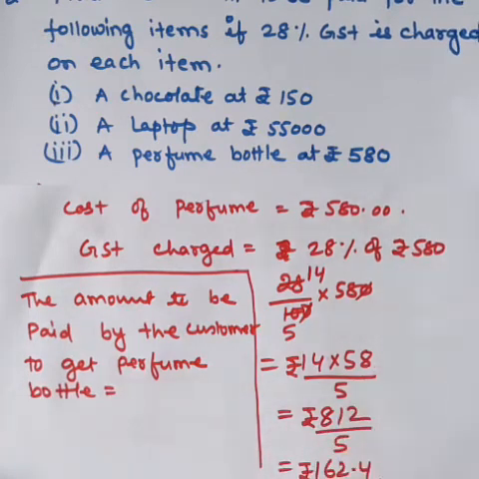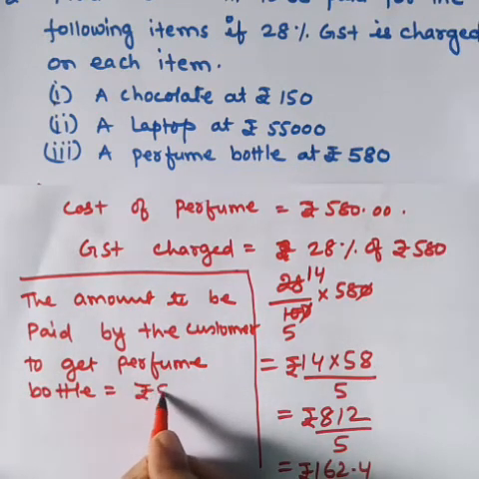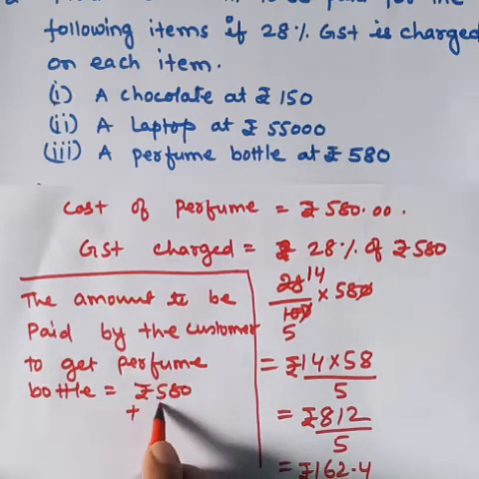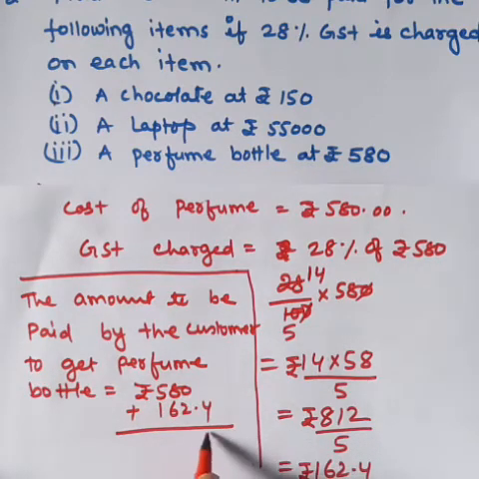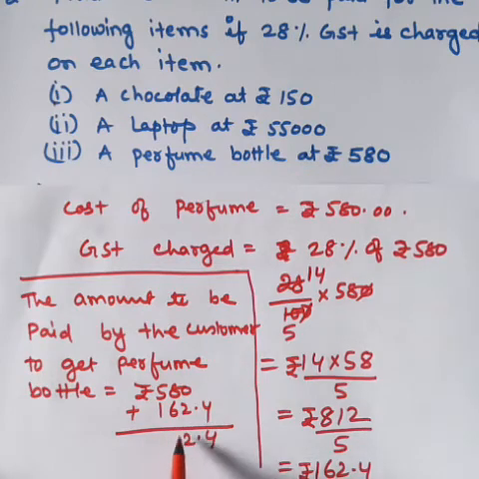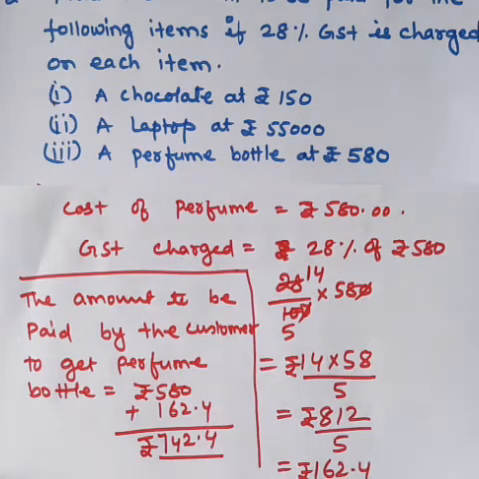Rupees 580 plus this GST. Rupees 580 plus 162.4, that is 742.4.